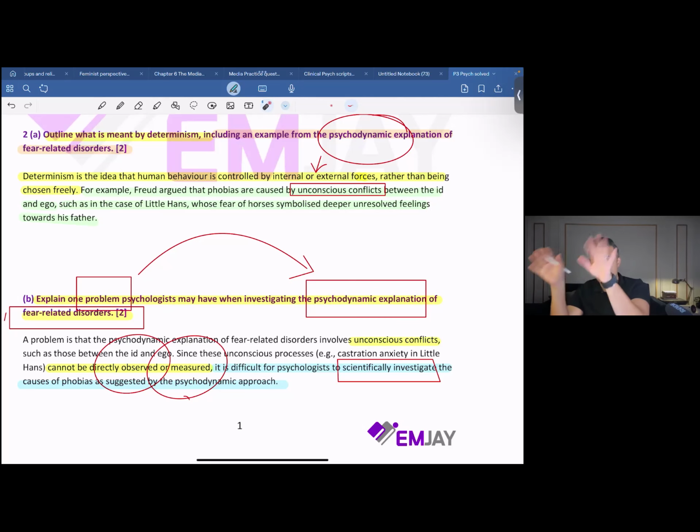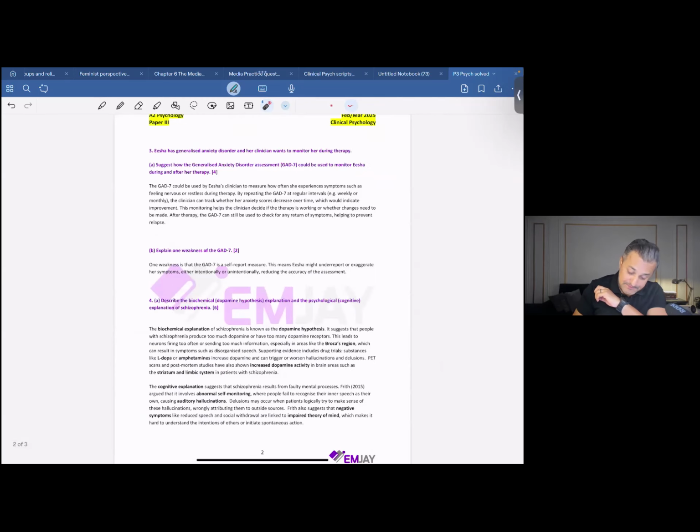Okay, so this is what they believe in, but specifically talking about Little Hans' case, you gave an example. You made sure that the examiner does not have a chance or opportunity to not give you this mark. Learn how to do that. Put your pen to paper, practice, and you do good.